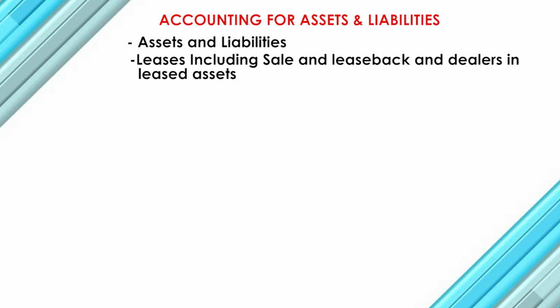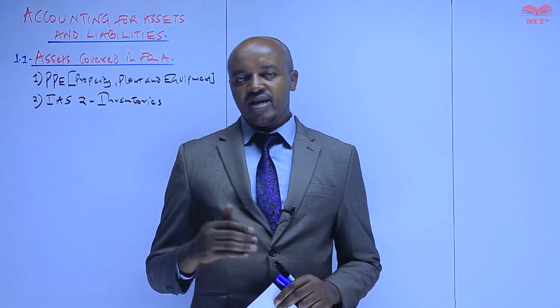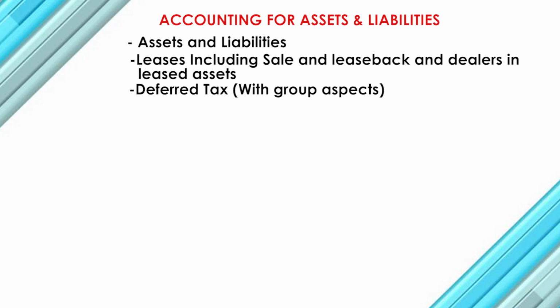In subtopic number 3, we are going to look at accounting for deferred tax. We're going to look at how deferred taxes are accounted for by individual companies, and also how deferred tax is accounted for from a group point of view, in accordance with International Accounting Standard number 12.